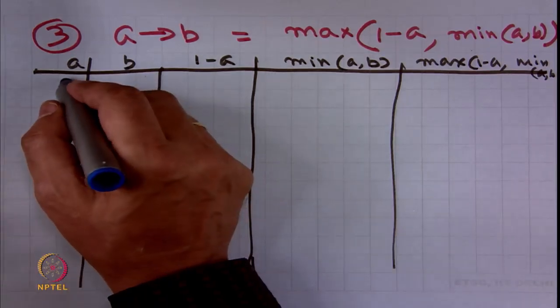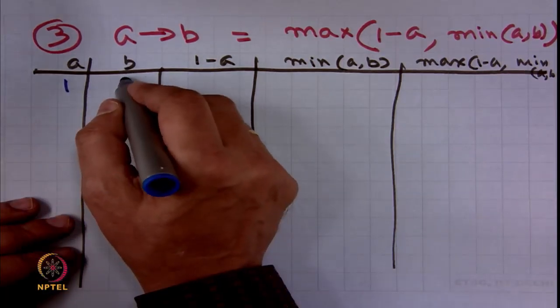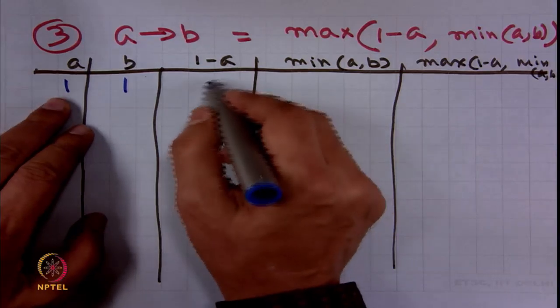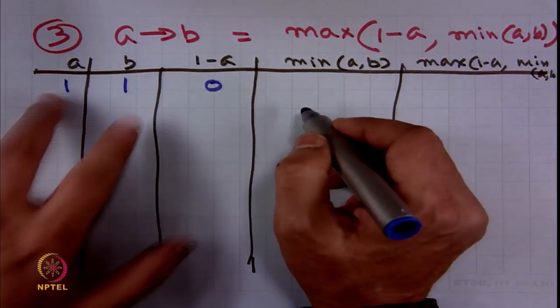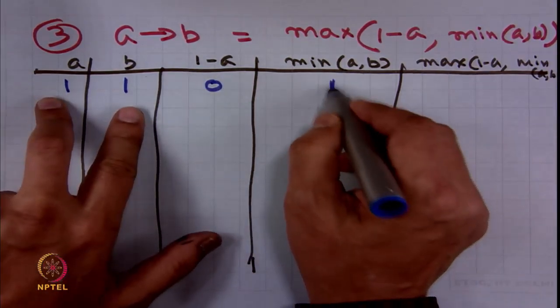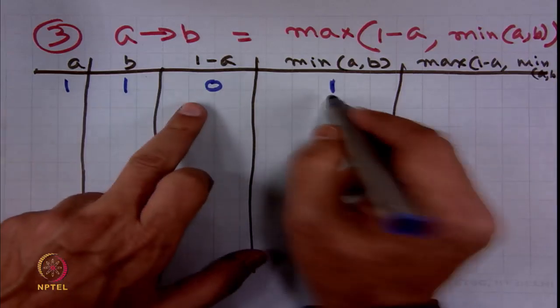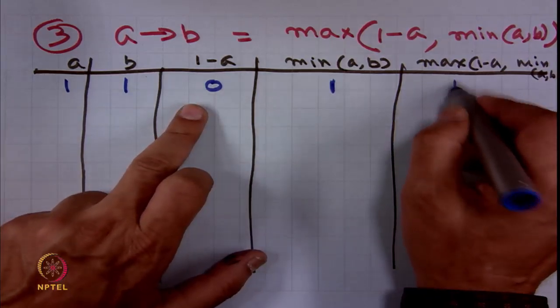We have 1 1. So, 1 minus A is 0, therefore, minimum of A B is equal to 1, therefore, maximum of these two is 1.